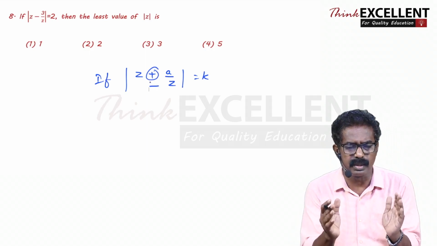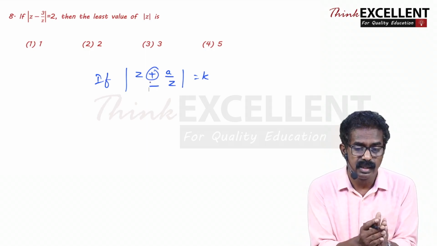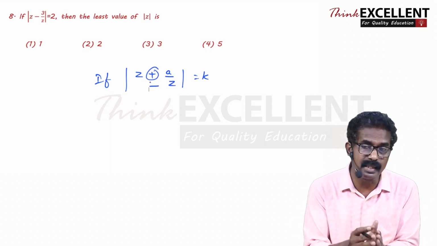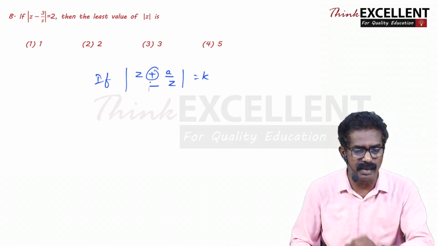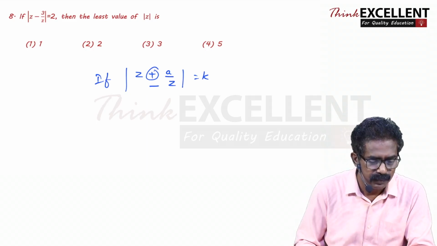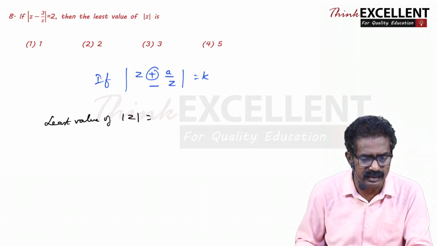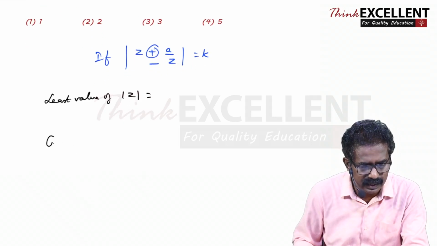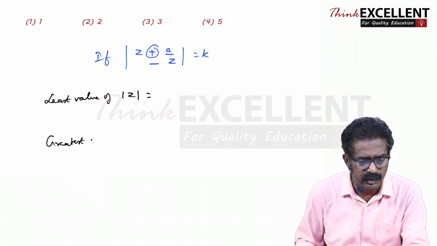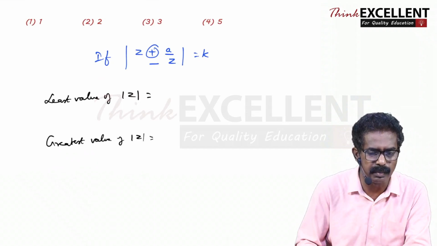Okay, only the format: modulus of z plus a by z or z minus a by z equal to k. Same answer only. Then the least value of modulus z, that is the formula, and the greatest value of modulus z. Listen, how to remember this formula.